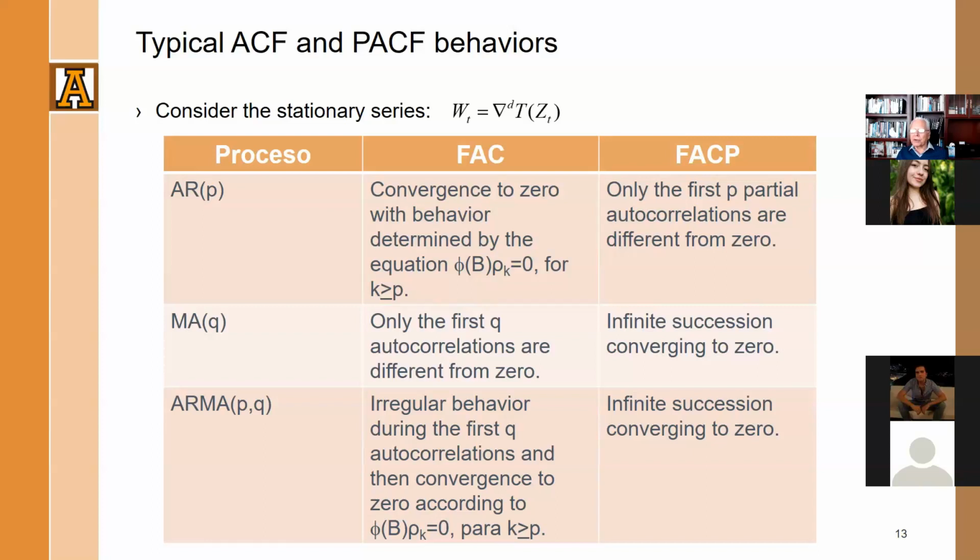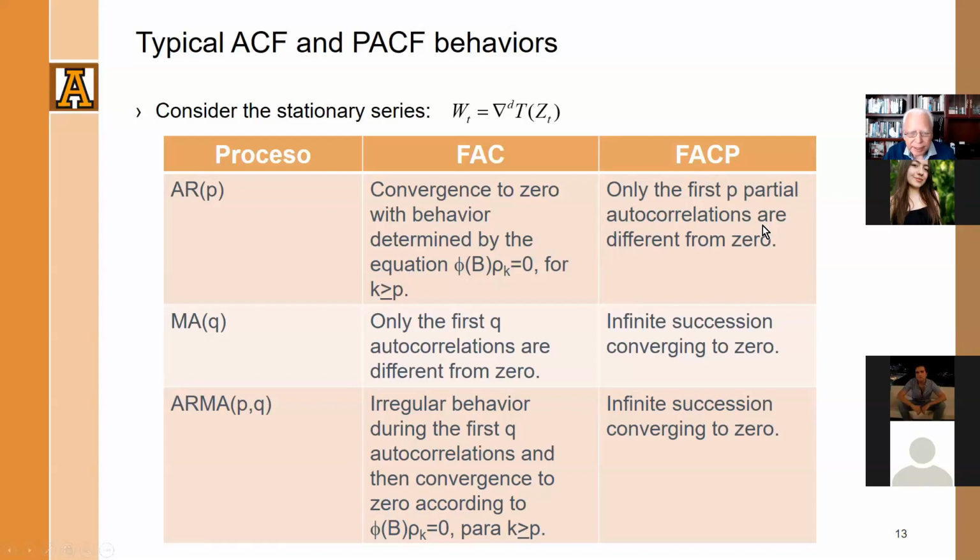And the behavior of that convergence is given by the autoregressive equation, by the autoregressive polynomial applied to the autocorrelations rho sub k. And the partial autocorrelation function only has the p significant lags. Only the first p partial autocorrelations are different from 0 in the PACF.